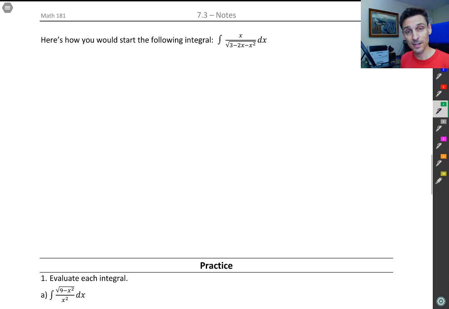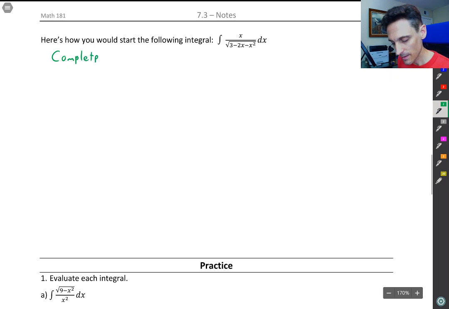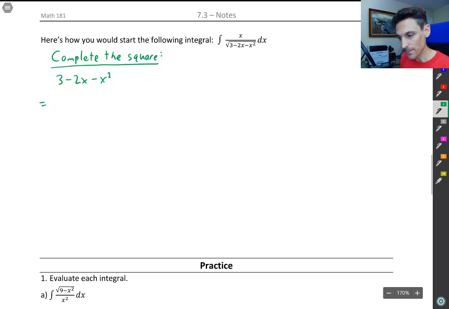Well, the answer is we complete the square. Let's do this off to the side. So complete the square on the left side. We're going to take what's inside the radical, the 3 minus 2x minus x squared, and complete the square.